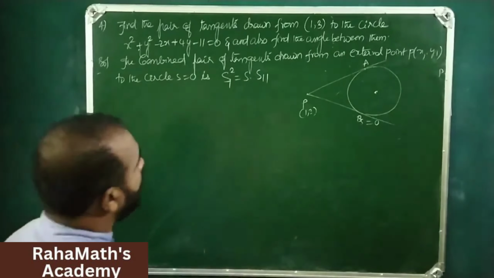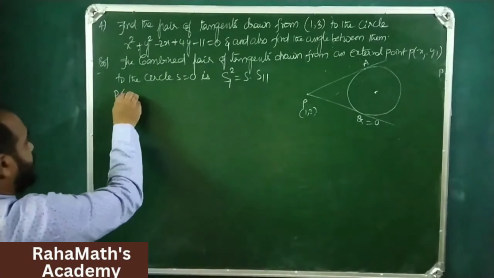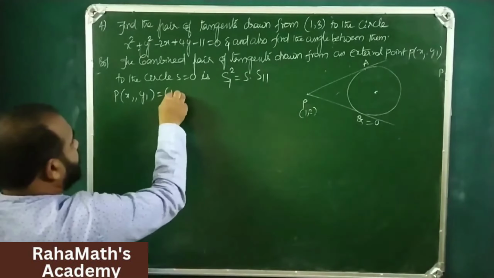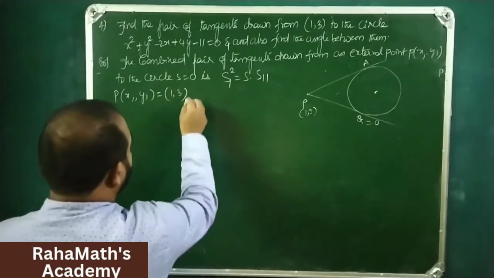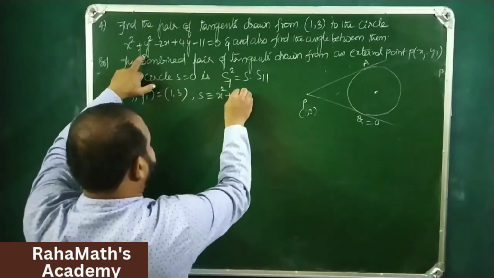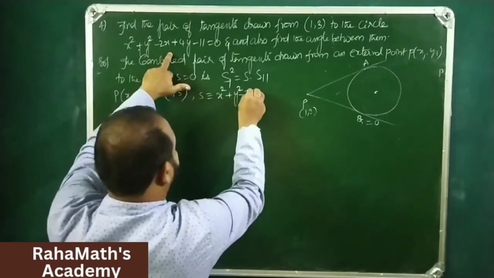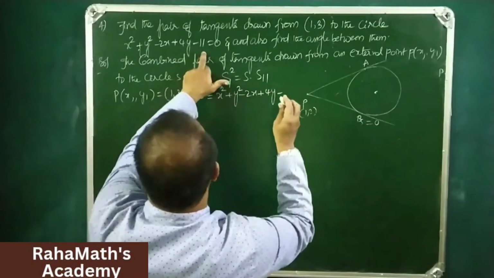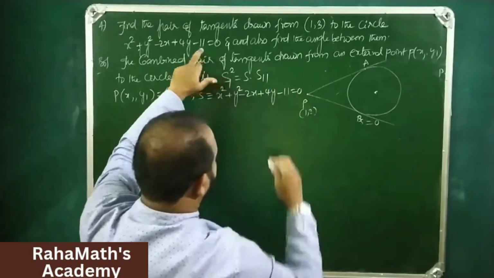So here point P(x1, y1) equals (1, 3), and S is x square plus y square minus 2x plus 4y minus 11 equals 0.